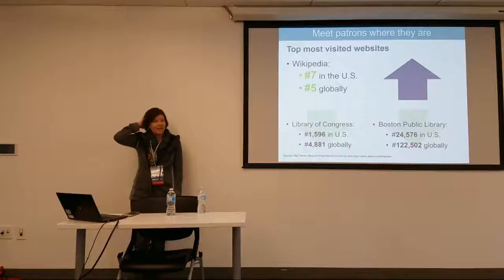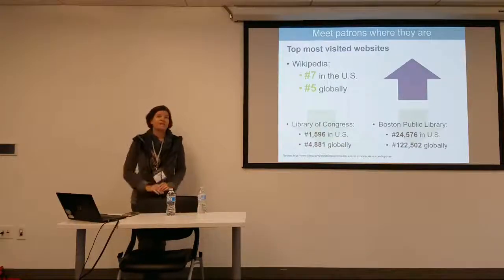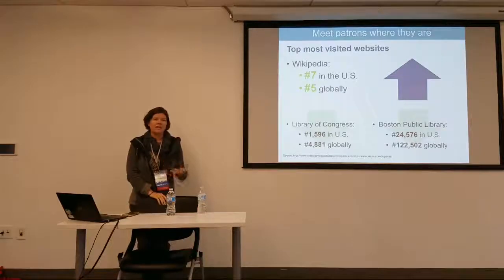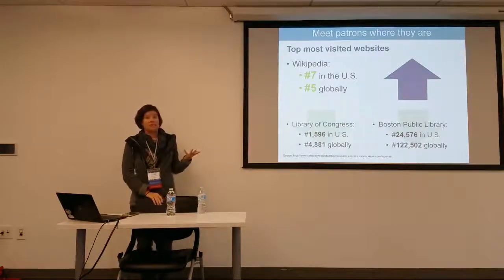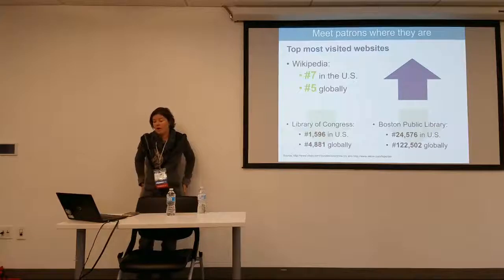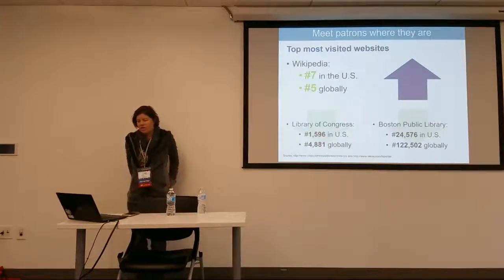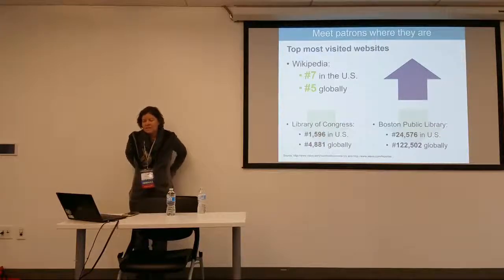Meeting patrons where they are, this is what really interests a lot of people in contributing to Wikipedia, and particularly highlighting their libraries, their library collections, things that relate to their library collections, is to be visible on the open web, which libraries are often not very visible on. You can see what the stats are for Wikipedia.